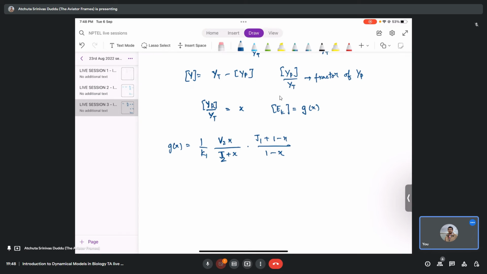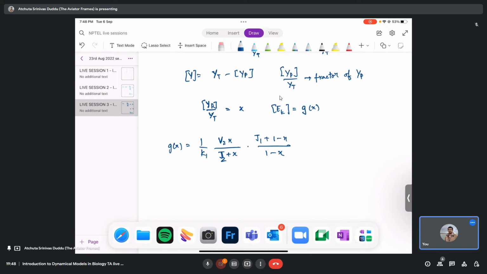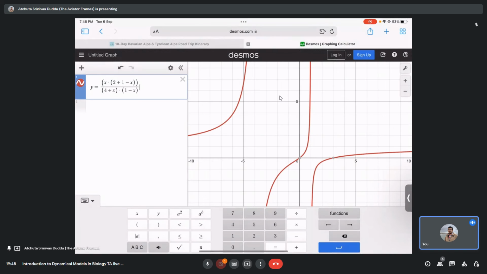I'll just skip to this graphic calculator called Desmos, which is a free software you can use on the website. On Google you can just open and type Desmos. This will pop up. It is the graphical calculator.